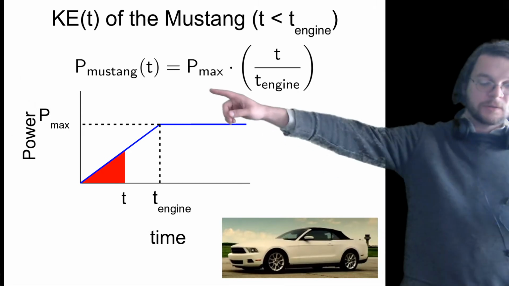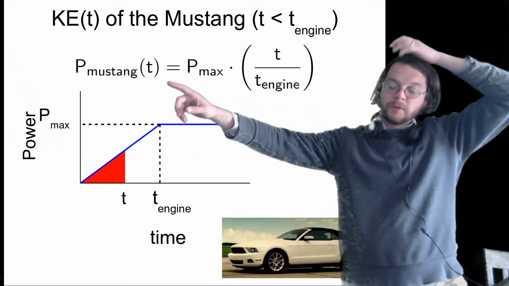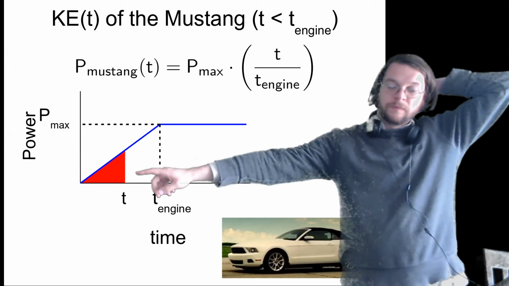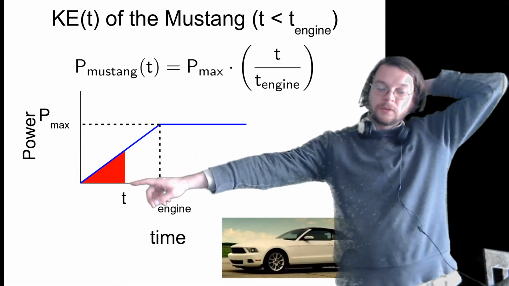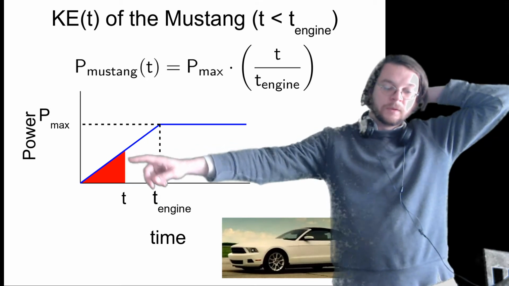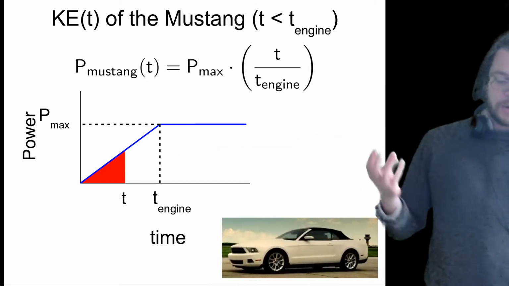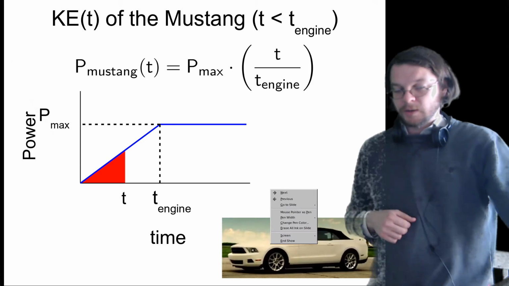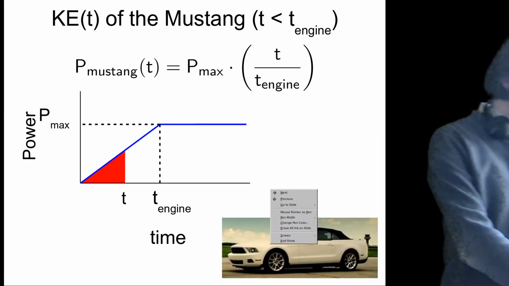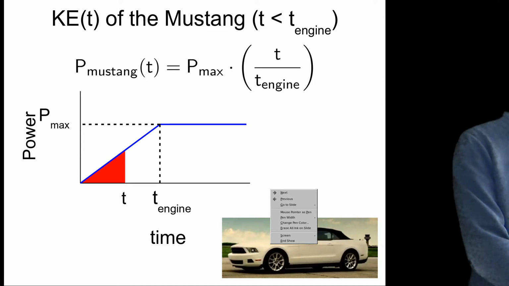But if you're going to try to figure out how this corresponds to the kinetic energy, you've got to take the area. And so this is the area. There's the time here that you're thinking about. You've got the power. The area here, if you remember the area of a triangle, is 1/2 base times height. And so we can use that to figure out what the velocity might be.